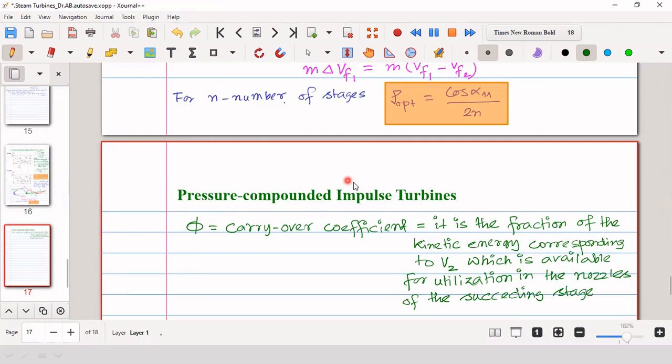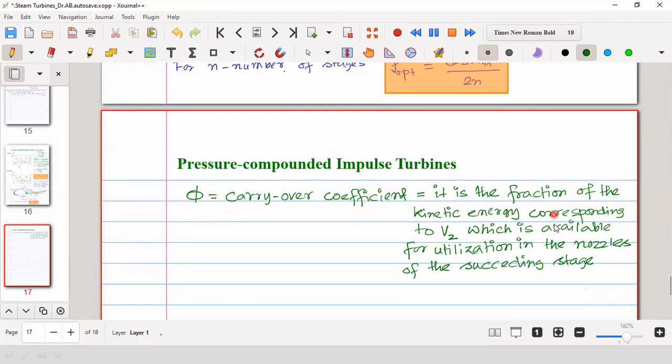That is called carryover coefficient. V2 means, in a particular stage, the exiting velocity from the stage. So that is V2, right?